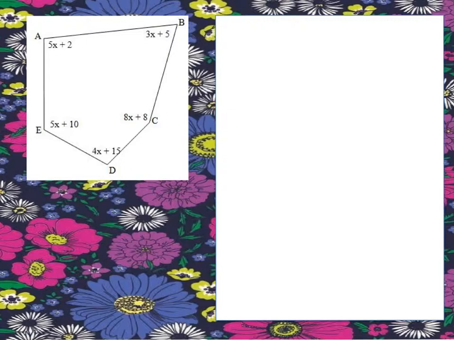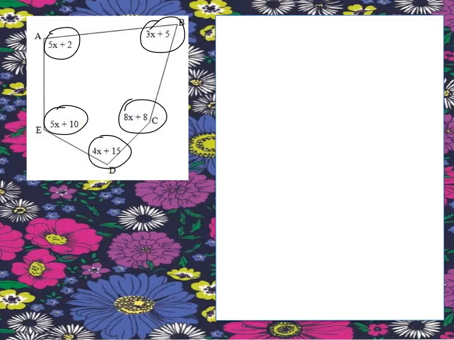So the first thing we need to do is figure out, if I took all these angles, angle A, B, C, D, and E, and added those all up together, what would be the total angle sum inside the polygon? To do that, we'll need to use the formula n minus 2 multiplied by 180, to find out what all the angles are going to equal.